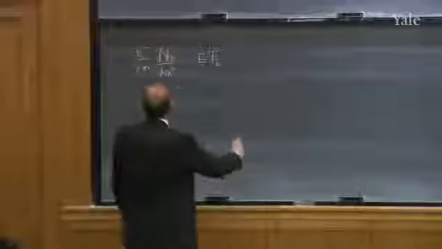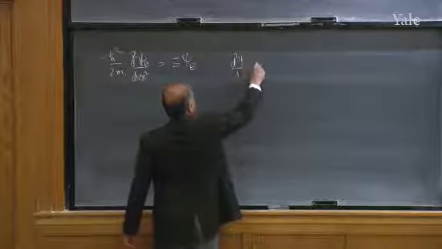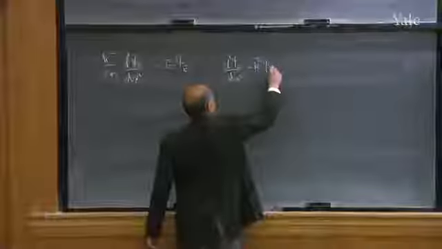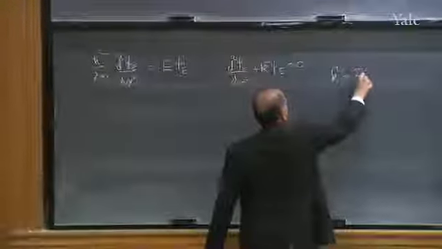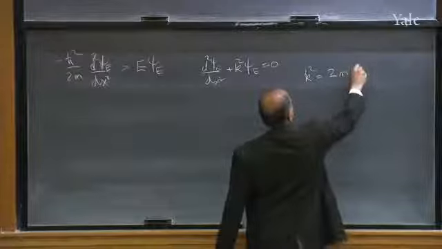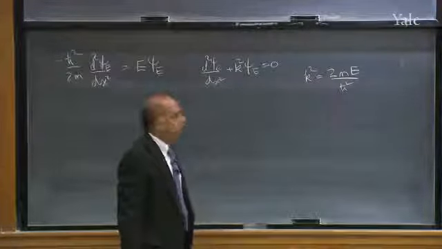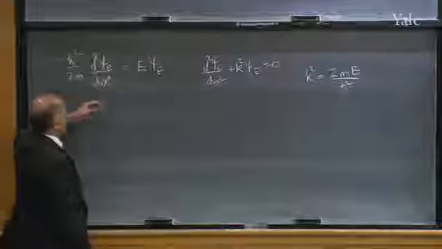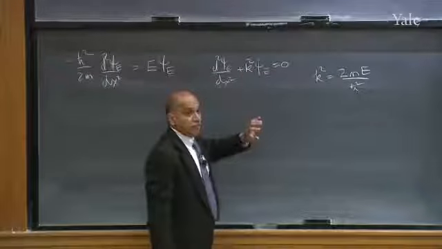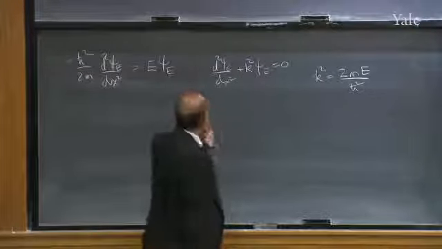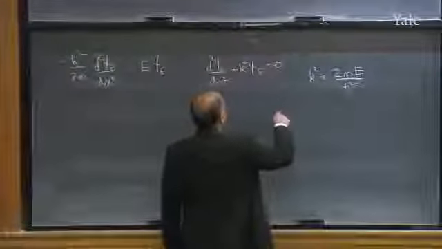So let's rearrange this to the following form. d2 psi over dx squared plus k squared psi equals 0, where k squared is just 2mE over h bar squared. If you multiply by 2m over h bar squared, you will get this equation. Since this combination appears all the time, I want to give it a name, k squared. But what's the relation of k to anything else will be clear in a minute.